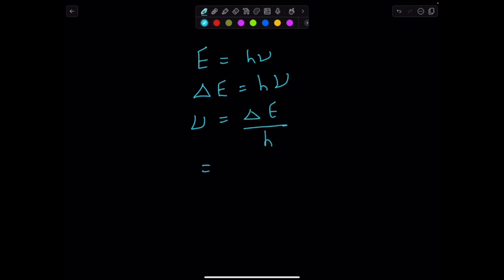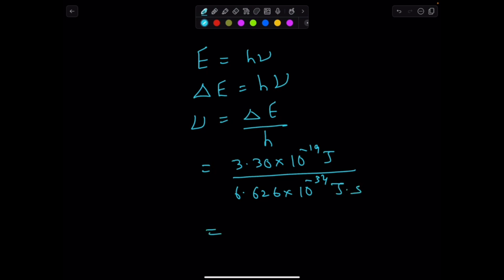By substituting the values, we get 3.30 times 10 to the negative 19 joules over 6.626 times 10 to the negative 34 joule second. This gives us a value of 4.98 times 10 to the 14 per second.